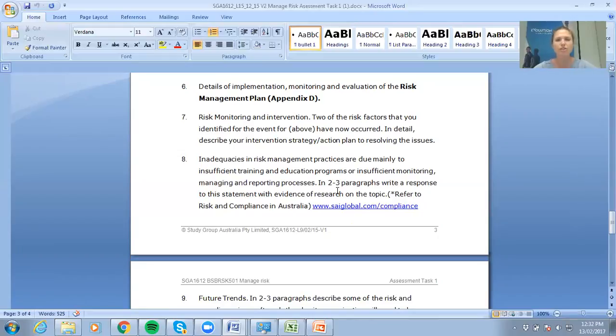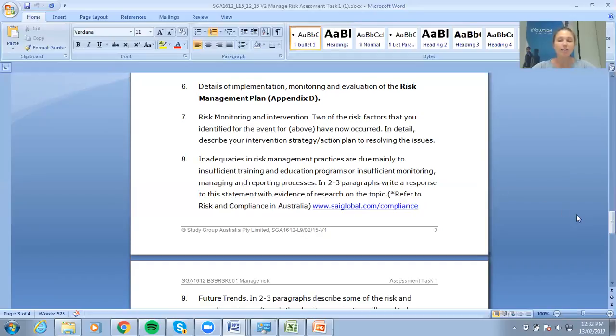Okay, so you want to talk about the fact that it is vital that risk management is taken seriously and that training is put in place for your staff members and your volunteers.